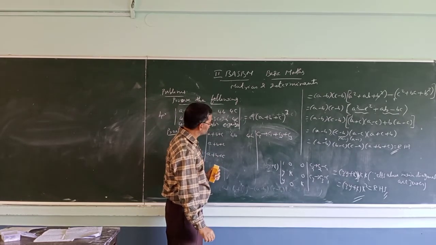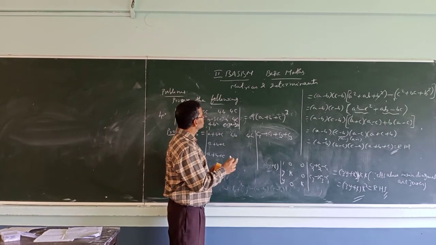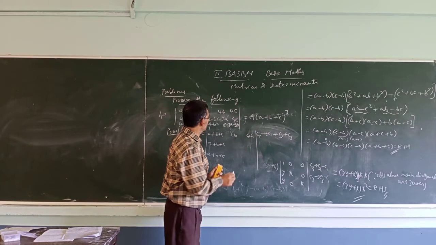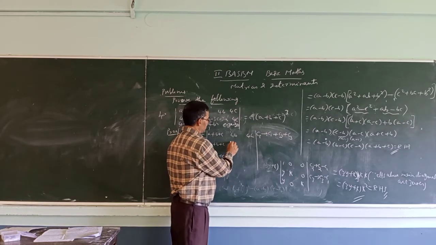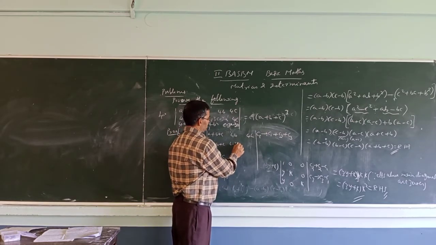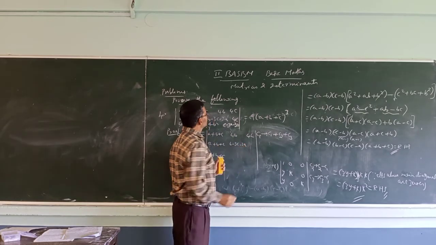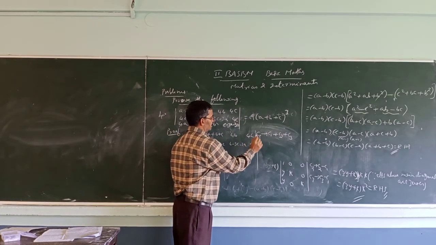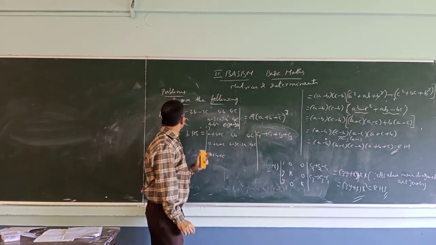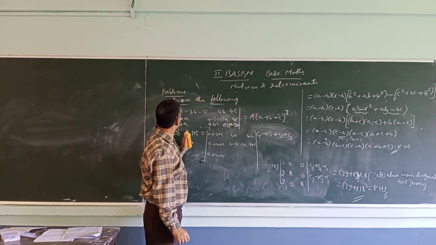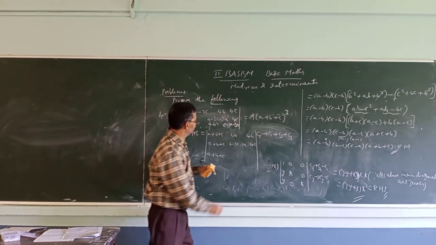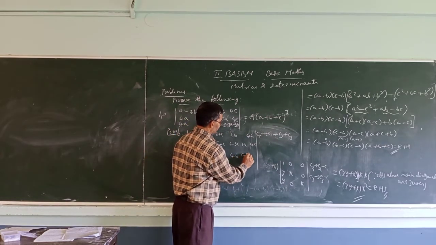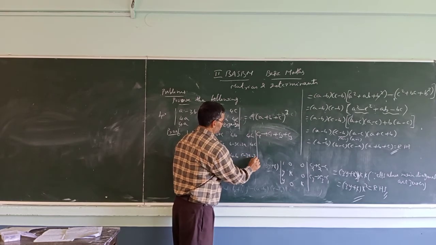Column 1 is column 1 plus column 2 plus column 3. Others will remain the same. b minus 3c minus 3a, next 4c. Next, 4a becomes a plus b plus c, 4b, next c minus 3a minus 3b.